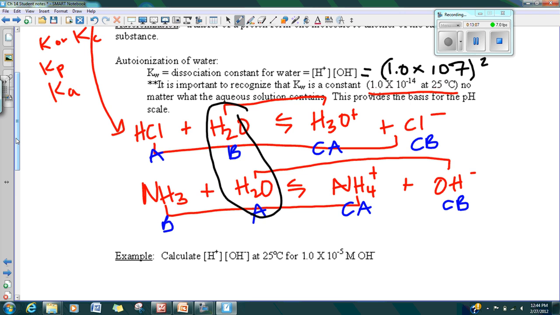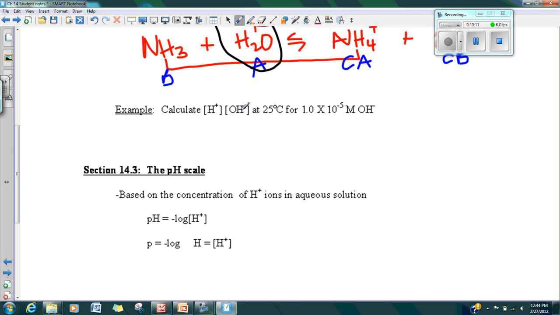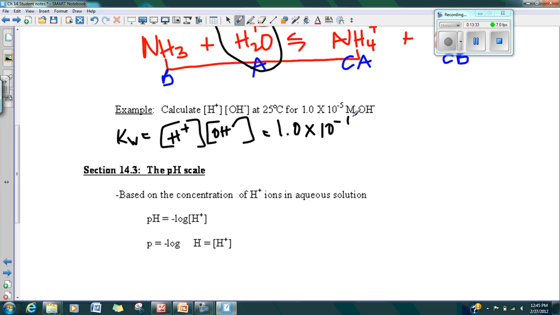So if we go down and try to calculate this, we're going to calculate the hydrogen ion concentration, given the hydroxide concentration at 25 degrees Celsius. I know that my Kw equals my hydrogen ion concentration times my hydroxide ion concentration, and that's supposed to be 1.0 times 10 to the negative 14th.